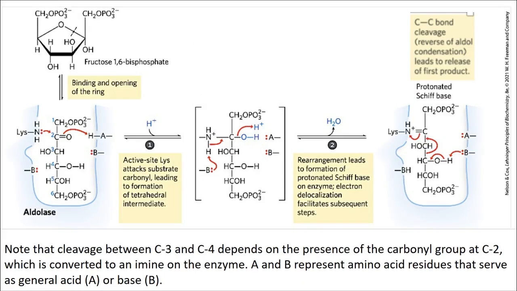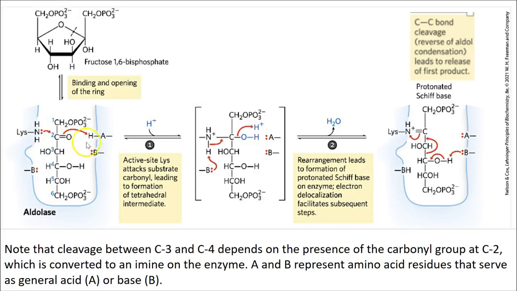And so how is this happening? Once again, we have this ring opening that is happening, and then we have lysine that acts and does a nucleophilic attack to the carbonyl of the carbohydrate once the ring is now open.